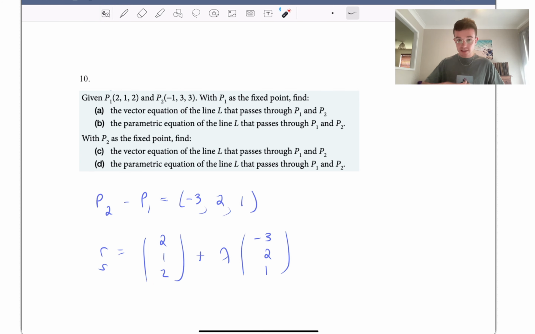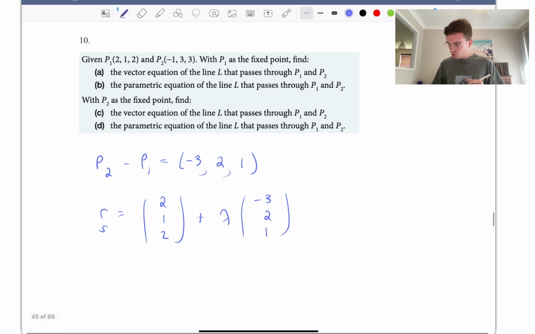So if lambda is 1, we're going through that point, and then whatever we set lambda to, that's the equation there.